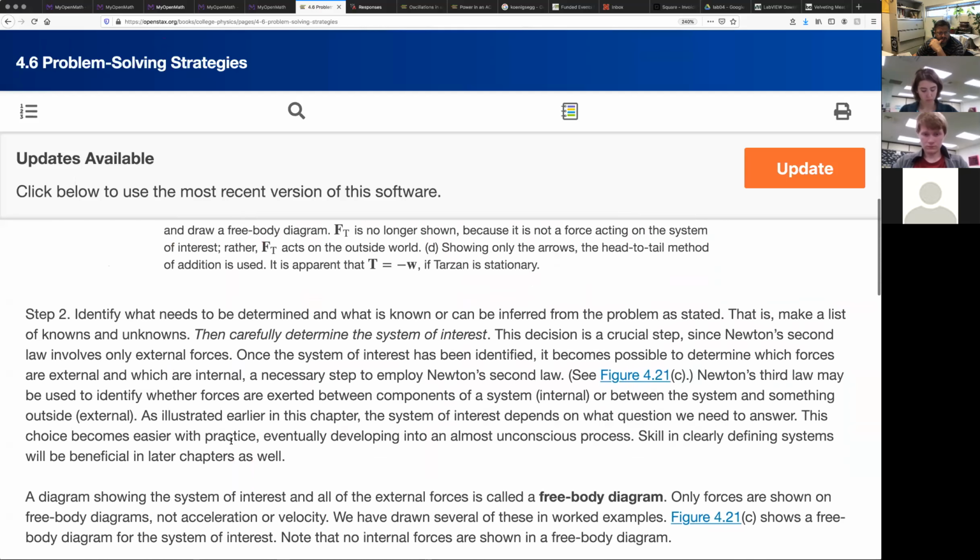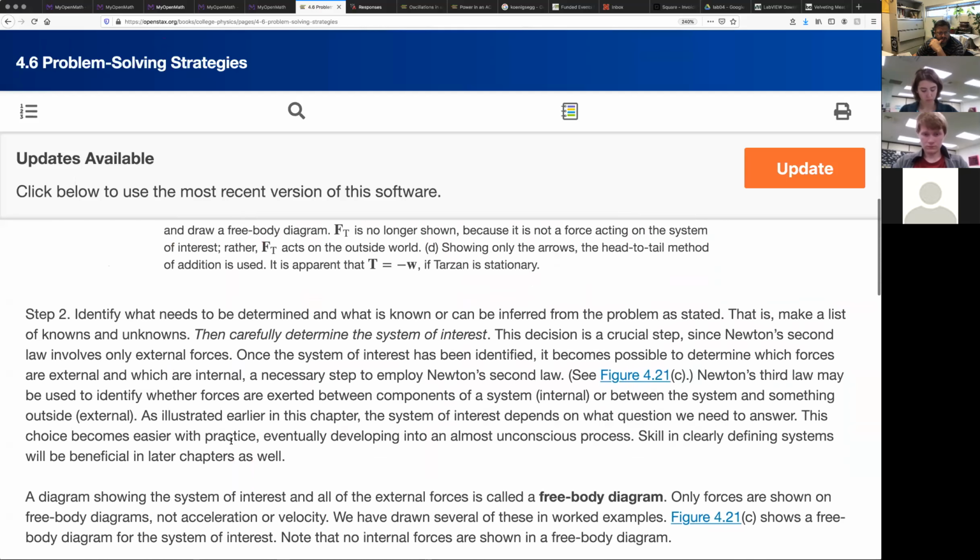So they draw a sketch first, and then they draw a free body diagram. So here's the sketch. We have Tarzan hanging from a rope. We've labeled some forces. We have weight, we have tension, we have the force that the person is pulling down on the rope with, and the rope pulling up on the person.